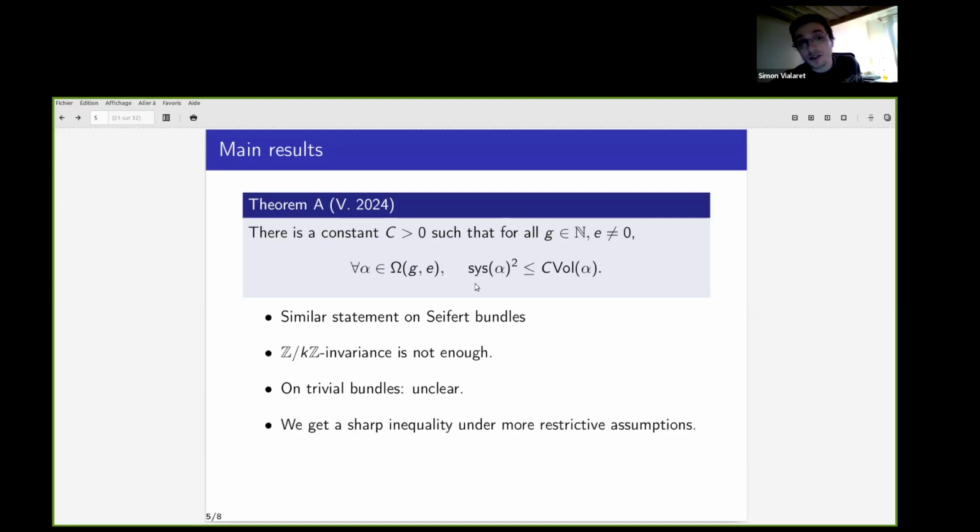Last thing: that's a pretty general inequality that is valid for a big class of contact forms, but the downside is that it's not sharp. I don't know what the best constant should be. But we can make some further assumptions to get a sharp inequality.